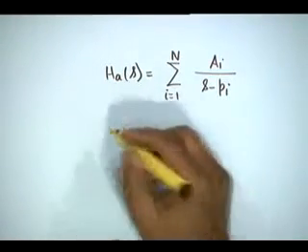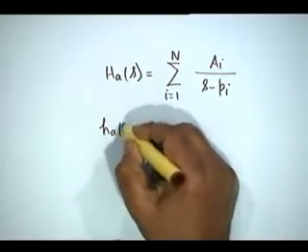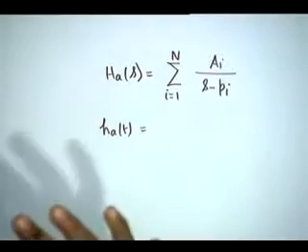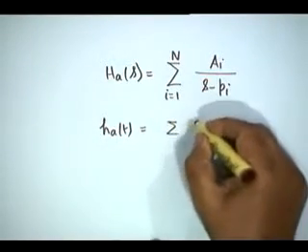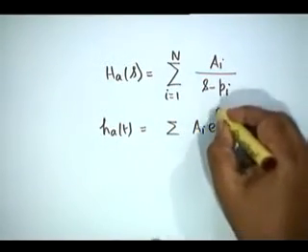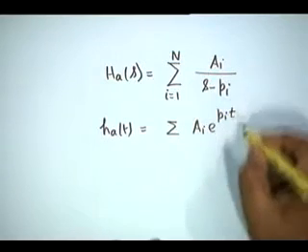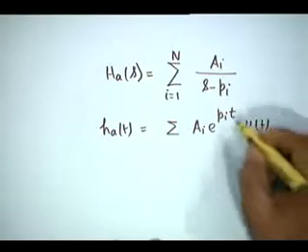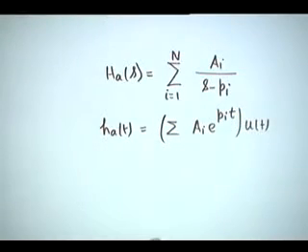Therefore, h_a(t), now I shall write only the summation, I will not put the limits, it is implied, shall be the sum of A_i e to the power p_i t u(t).